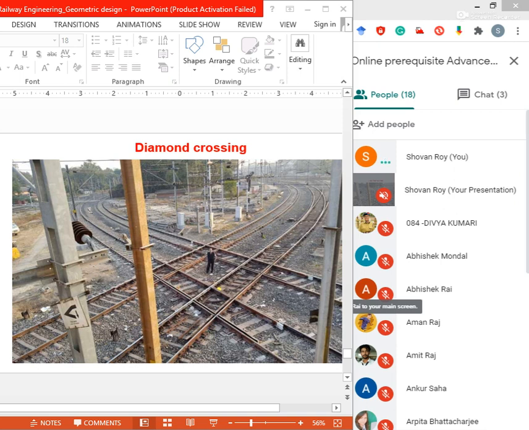So these kinds of theories are important, but we would understand them better if we join as an engineer in Indian Railway.